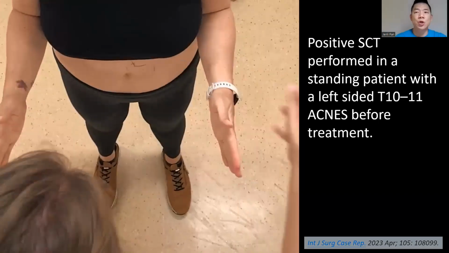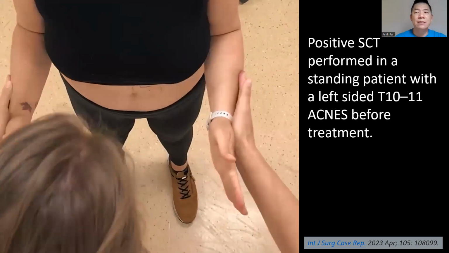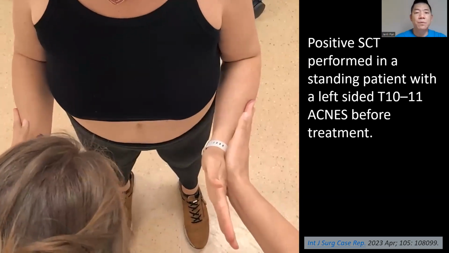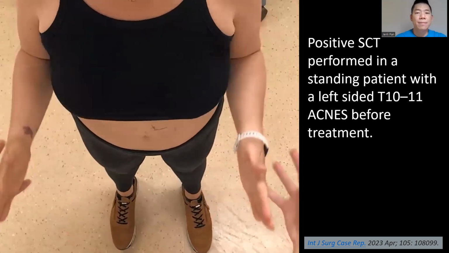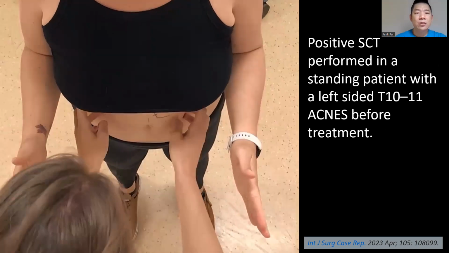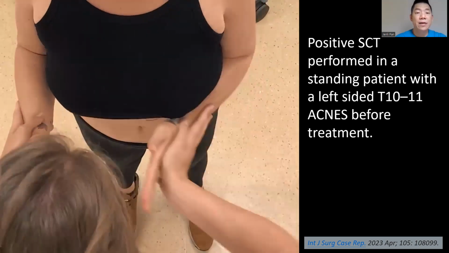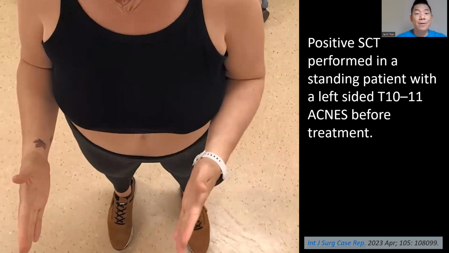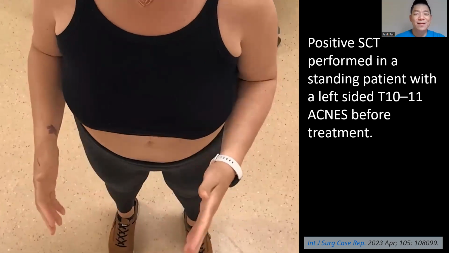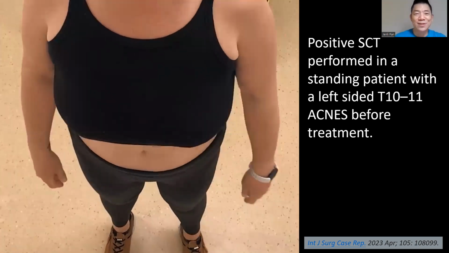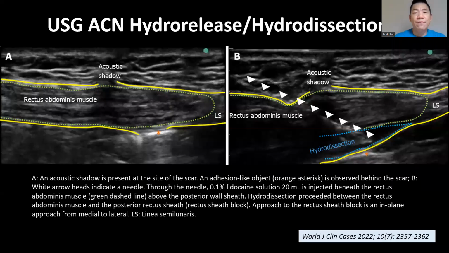Here is another example showing a lady with left side anterior cutaneous nerve entrapment. Before the injection, you can scratch both sides, and only the left side collapsed. It's so weird, right? After ultrasound-guided hydro-release, or hydrodissection, for this anterior cutaneous nerve entrapment, we do the scratch test again.